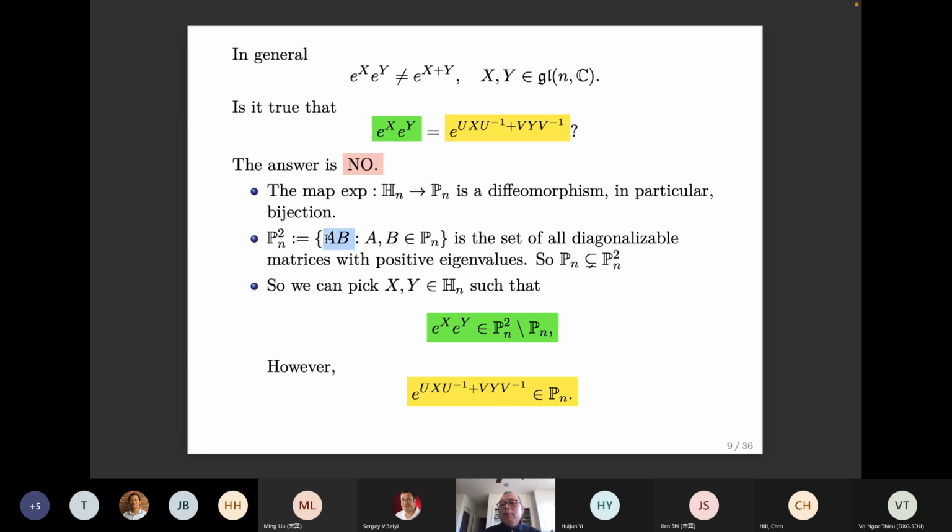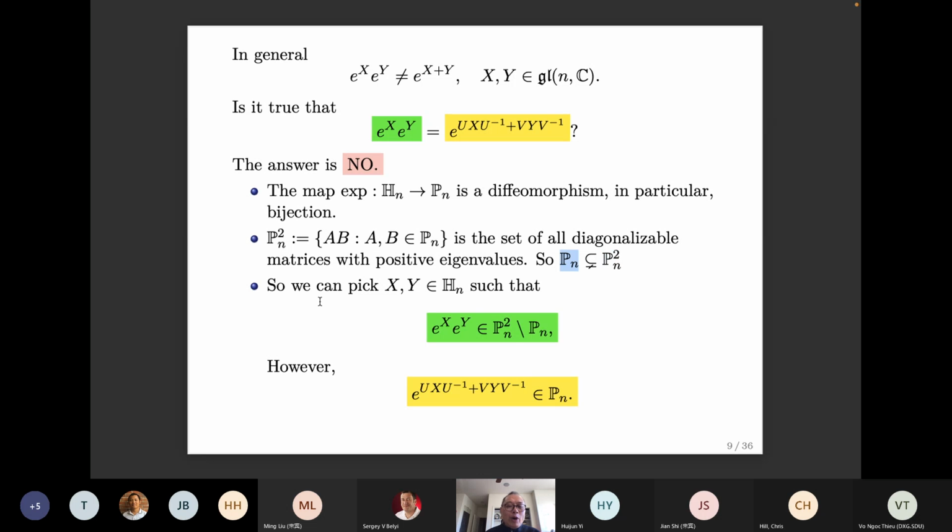If you work it out, this turns out to be the set of all diagonalizable matrices with positive eigenvalues. So P_n is obviously in here because you can choose B as the identity matrix, because the identity matrix is positive definite. So it's there, but not exactly the same. This set is bigger than this set.